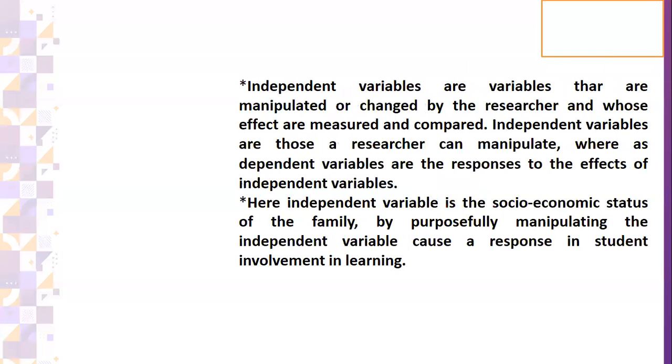Now, independent variables are the ones which can be manipulated by the researcher, okay, and they have an effect. So here the independent variable is socio-economic status, by which the manipulation can be done or which can cause a response in the student's learning. That's what is explained over here.